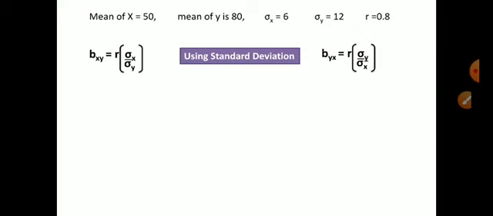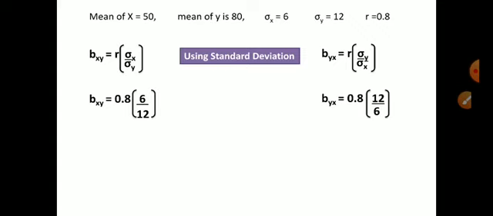Here bxy is equal to r, that is 0.8, into 6 by 12, and byx is 0.8 into 12 by 6. That is how we are going to substitute, right?